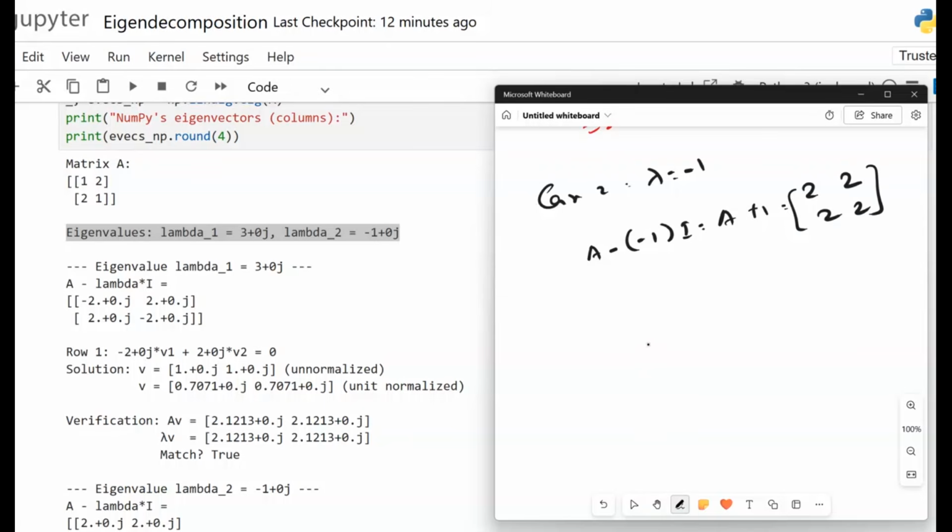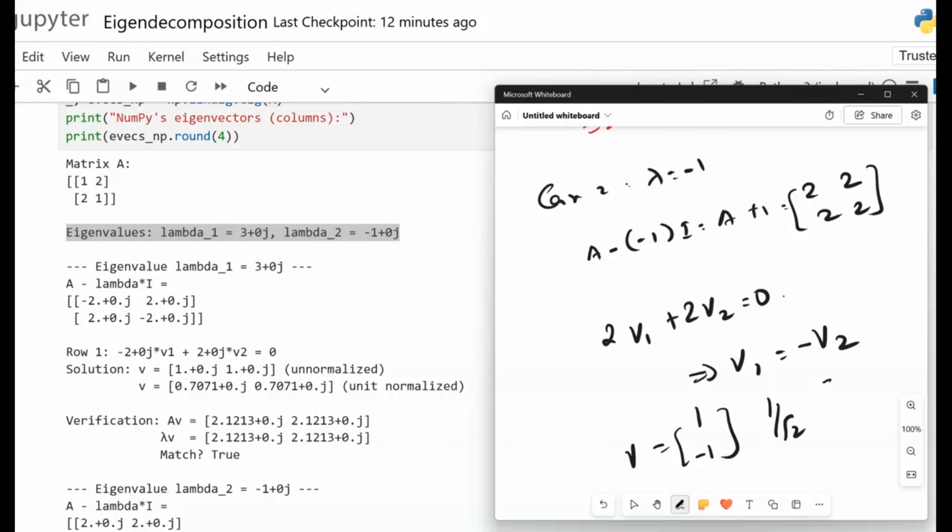Using the null space, from the first row we get 2v1 plus 2v2 equal to 0, which implies v1 is equal to minus v2. So a valid eigenvector V would be [1, minus 1]. On normalizing, we get 1 by root 2 of the matrix [1, minus 1].